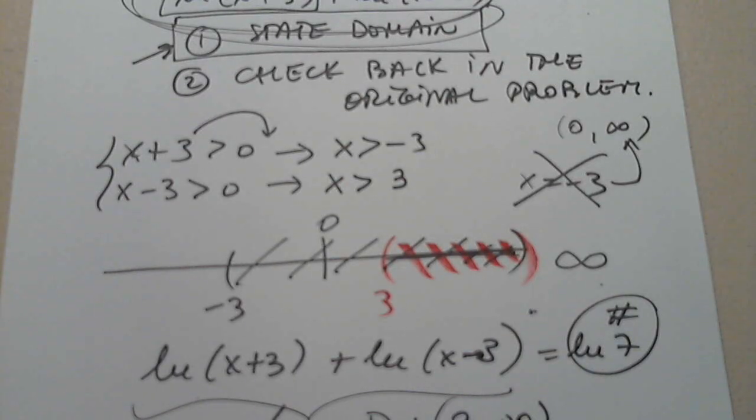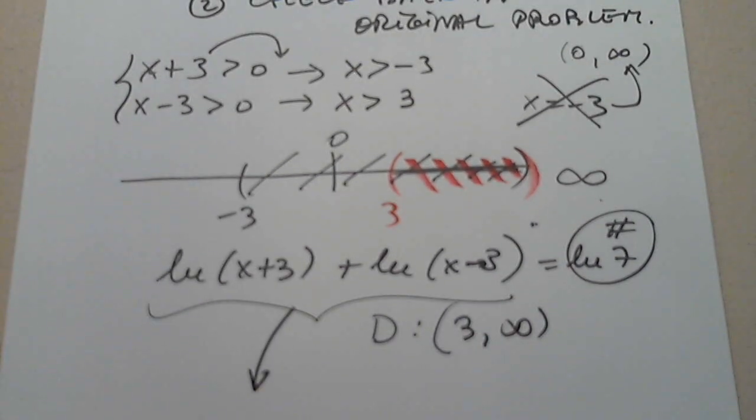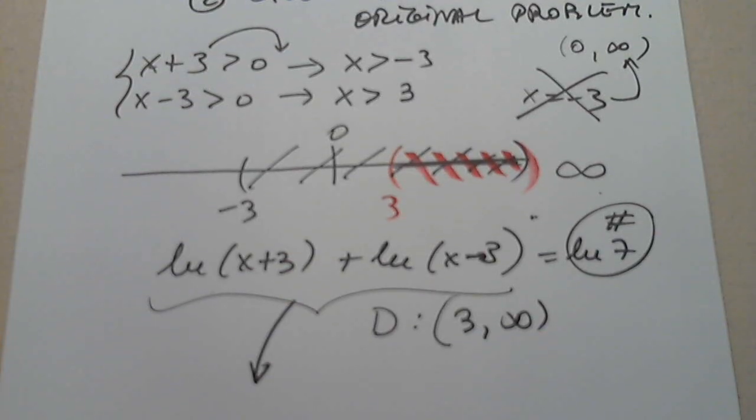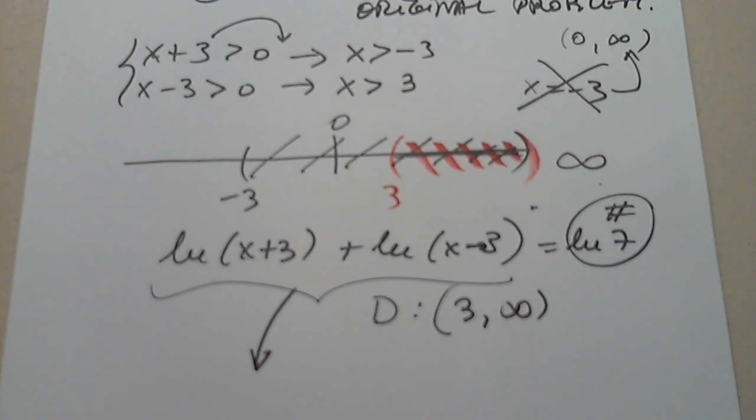Anybody? Would it be ln x plus ln 3? Or like for that property, where log a plus b. I can't remember how it goes, but something like that. Okay, so let's go back to the properties from last time.